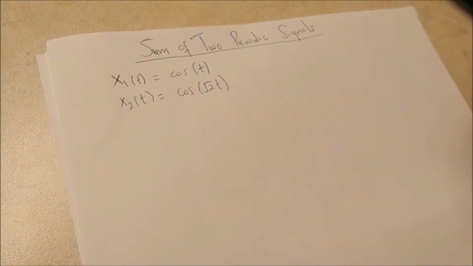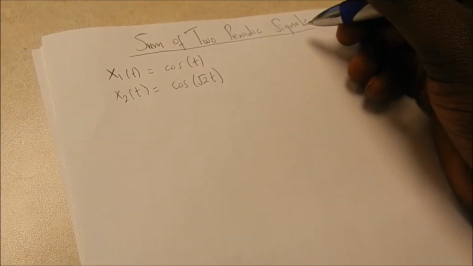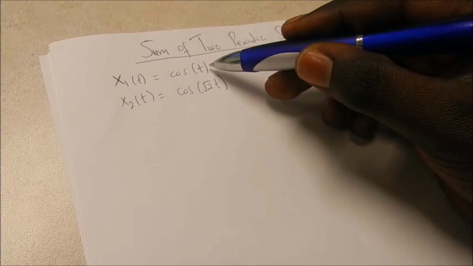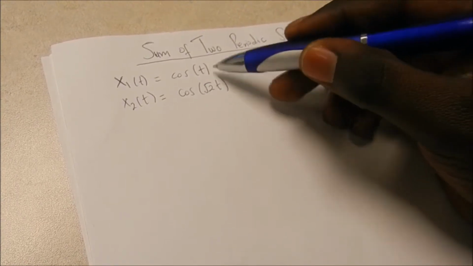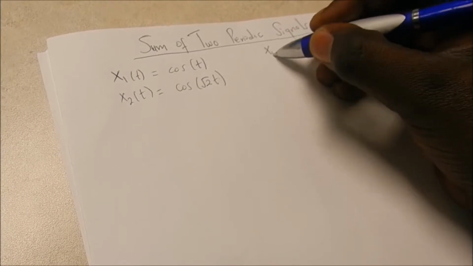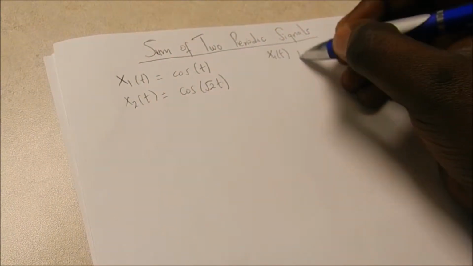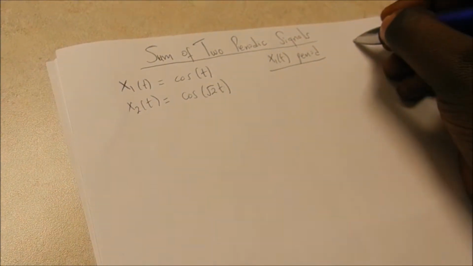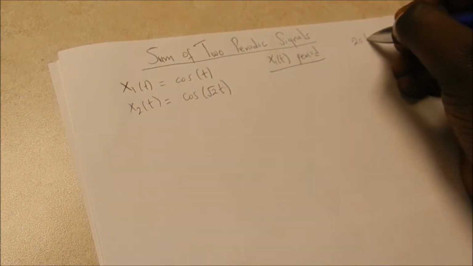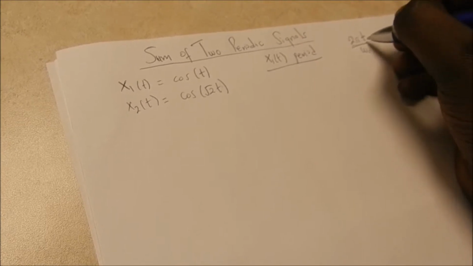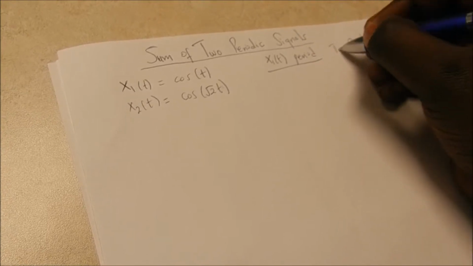And if you look at the previous video, I went through how to find the period in both cases. So let's say for x1 of t, the formula for finding the period is always 2 pi k over omega naught, so that will be T1.